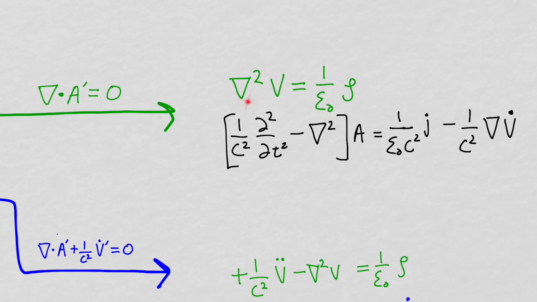This turns out to be what they call instantaneous, meaning V, notice this is all spatial, right? So V is going to be something that changes instantaneously with time, meaning as the charge density changes, because it's a function of time, remember charge density is going to be a function of R and T, right? As the charge density changes as a function of time, V changes instantaneously all throughout space, right? Because there is no time derivative term here.